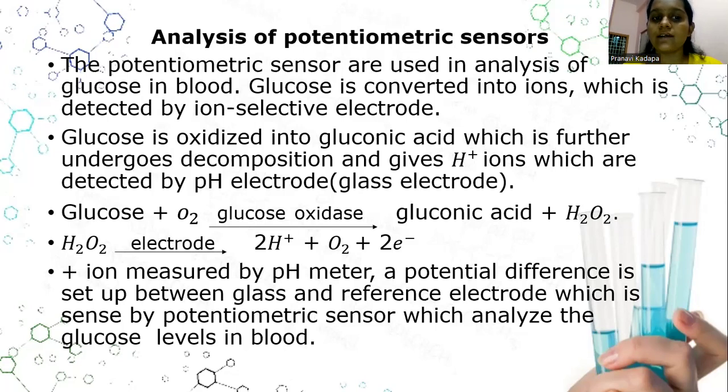These H plus ions are measured by the pH meter, and a potential difference is set up between the glass and reference electrode, which is sensed by a potentiometric sensor, which analyzes the glucose level in blood. By this method we find the glucose levels in our blood.